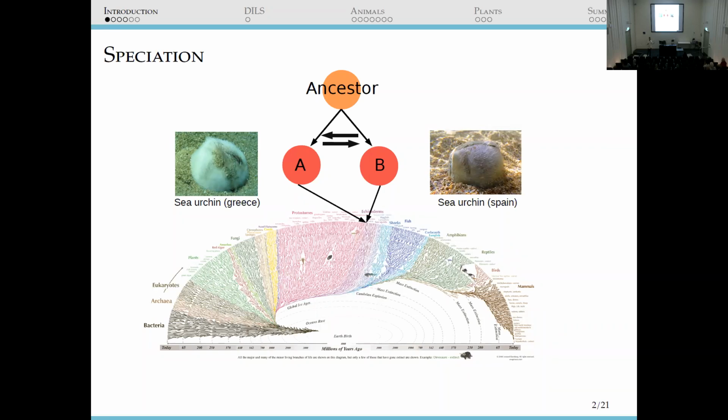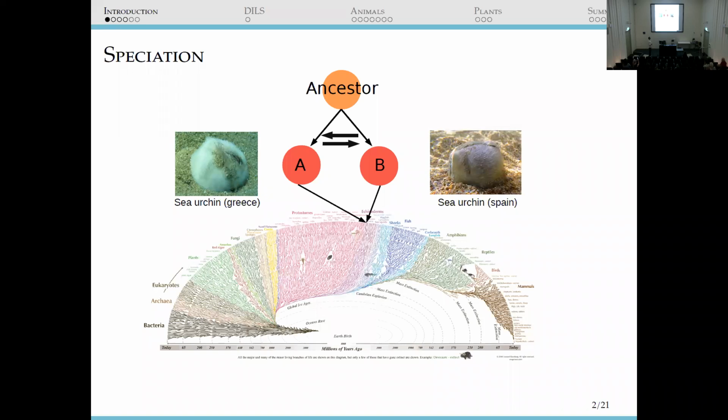It's a very broad scale, with here in brown some archaea, in green the plants, in dark green reptiles, here the mammals, etc. And there is a general relationship between the age of the common ancestor and the amount of reproductive isolation. Regardless of the nature of the reproductive isolation, we expect that if the ancestor is old, we have many species barriers.